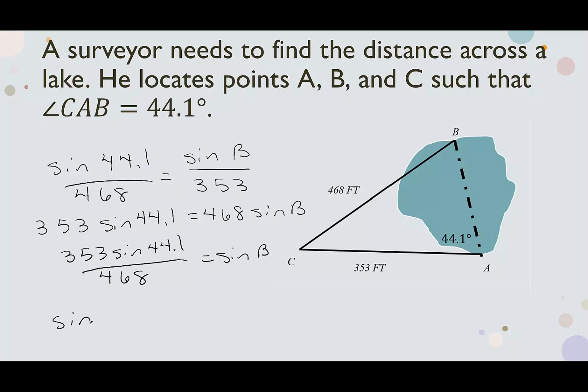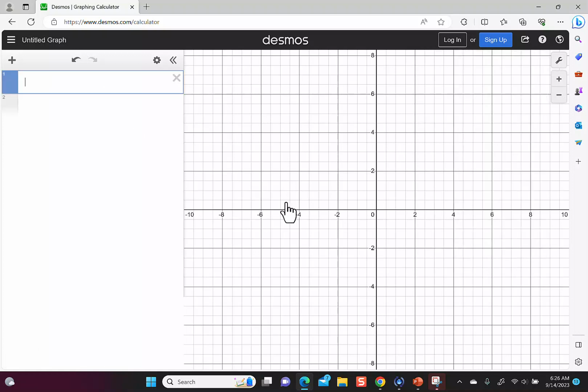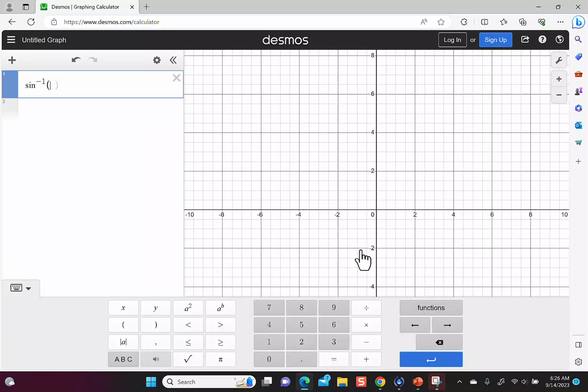So we'll find the sine inverse of 353 times the sine of 44.1 over 468. I start by checking my settings and making sure I'm on degrees. Then I can do the sine inverse of 353 sine of 44.1 over 468. This gives me 31.66 degrees.